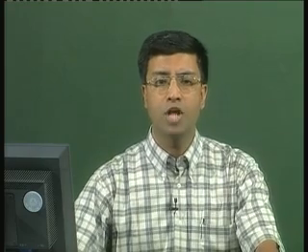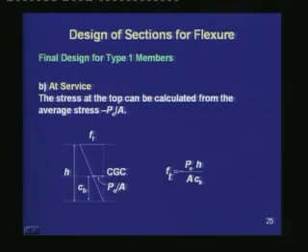Next, to check the stress at service conditions, we are calculating the maximum compressive stress at the top, and from this figure we are finding out that the maximum stress at the top is proportional to the stress at the CGC, and from the similarity of the triangles we find Ft is equal to minus Pe by A times H divided by Cb. Note that here we are considering the effective prestress at service conditions.